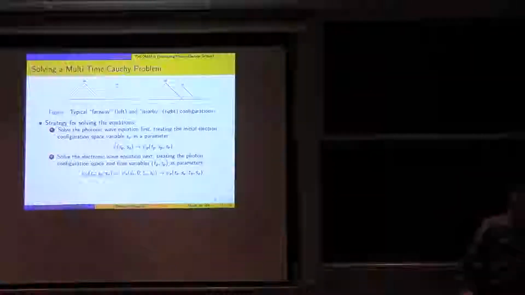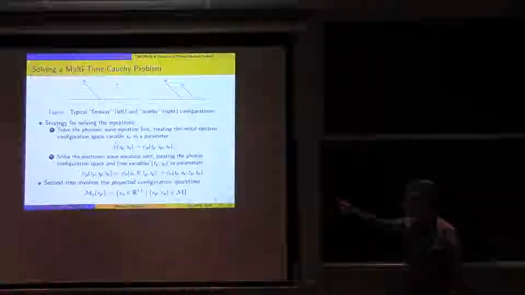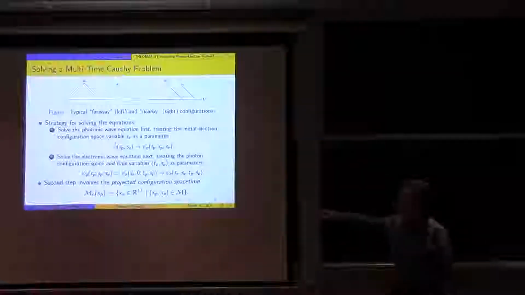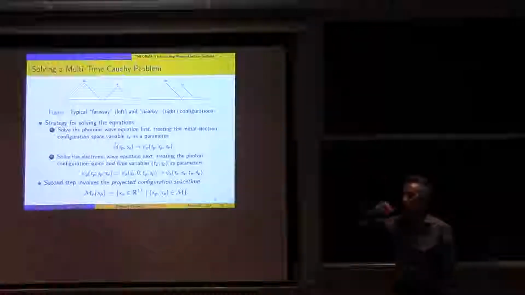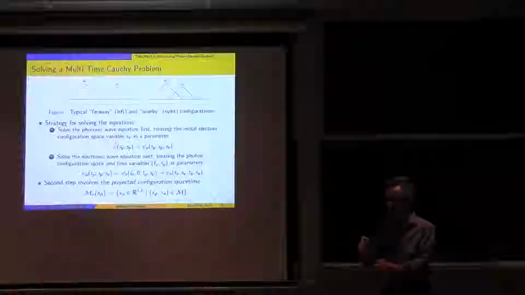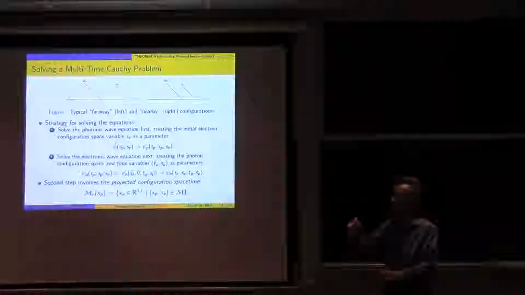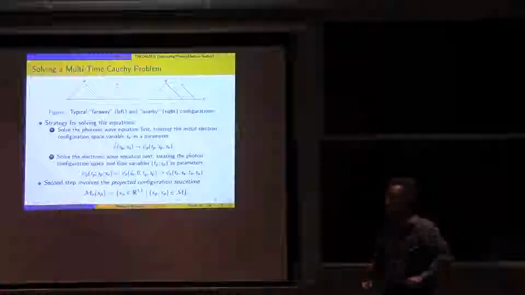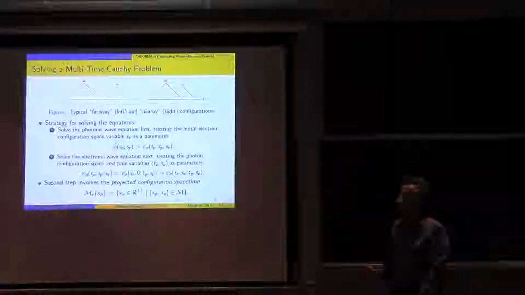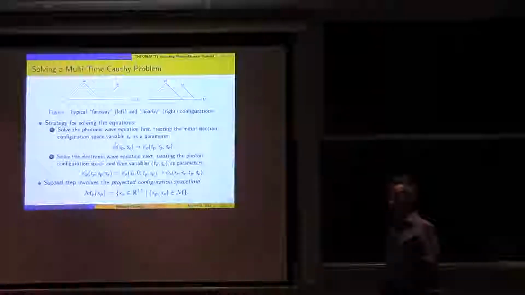And what you realize is happening when you solve the second equation is that the coordinates of the photon appear as you are fixing that, and now you are solving the problem for the electron. So this is called the projected configuration of space-time, right?